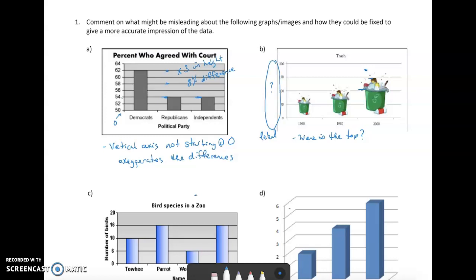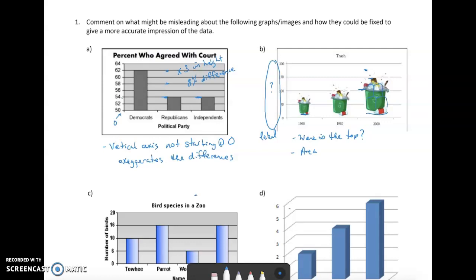And another big problem with using images is the idea of area. So your eyes, again, and your brain immediately is drawn to the areas of these figures, not their heights. That last figure over here, it looks like you could probably fit like 3 or 4 of these small ones inside of it.